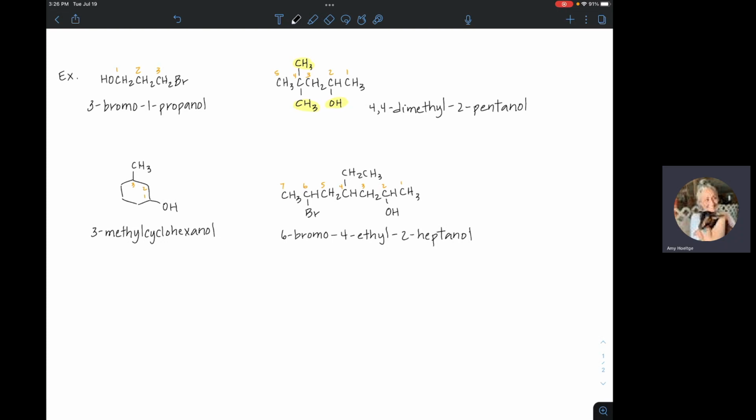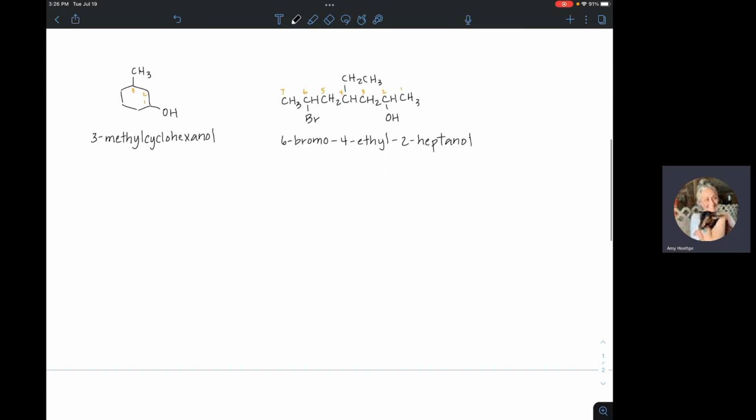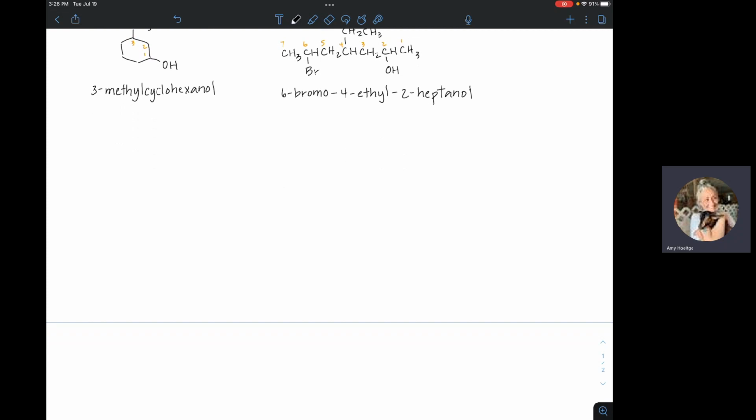So let's talk a little bit about the physical properties of alcohols and their reactions. Alcohols are weak acids, right? The pKa is pretty close to that of water, so somewhere around 15 or 16. What that means for us is that the conjugate base is going to be pretty strong.